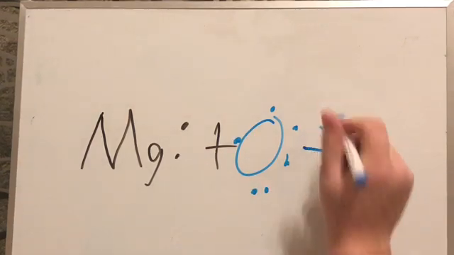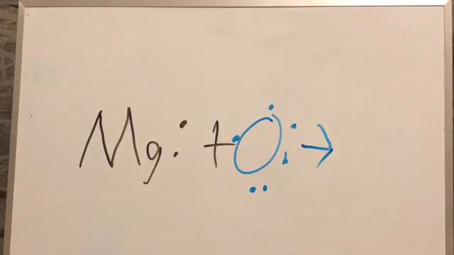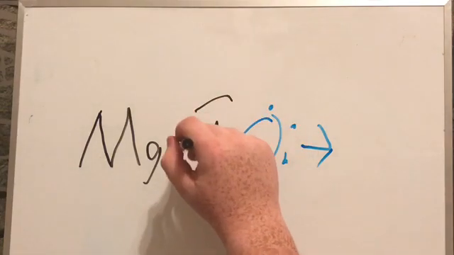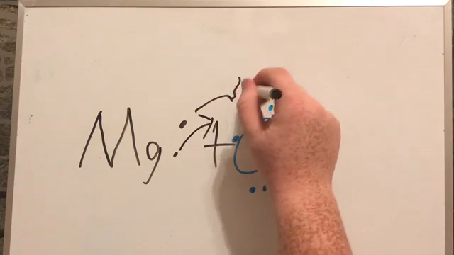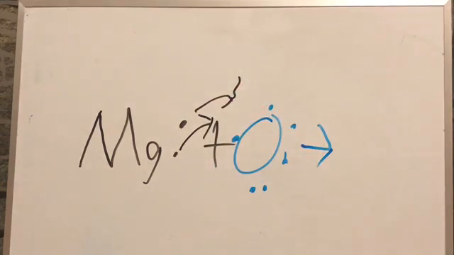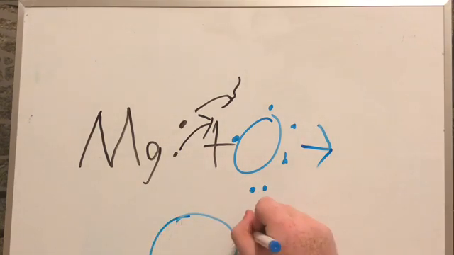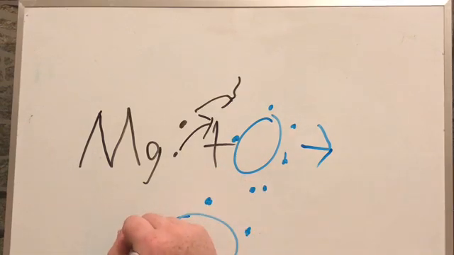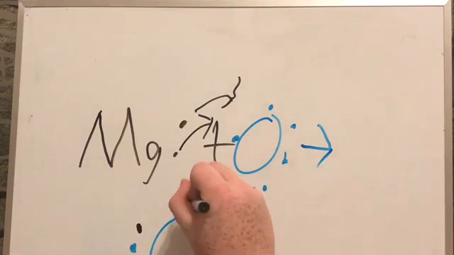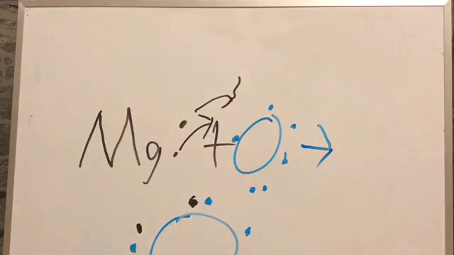When bonding, the way this is going to work is that these 2 are going to go to the oxygen to make it an octet. So this would now become the exact same diagram of oxygen that we had. We're going to use the electrons from the magnesium, that's why they're in black, to fill out this one. And now this oxygen is stable, which is how ionic bonding works.